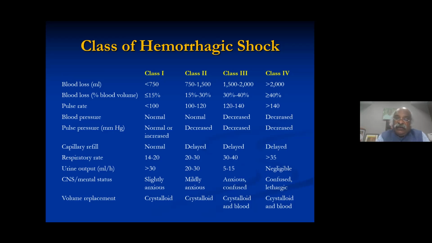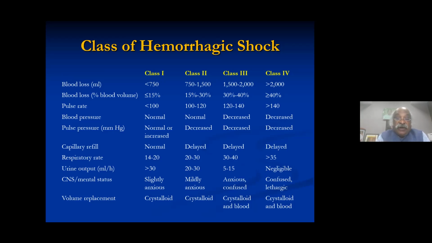Class 2 is 15 to 30%, or 750 ml to 1500 ml. And class 3, 30% to 40%, and 1500 to 2000 ml. And class 4, more than 40% depletion and more than 2000 ml of blood in an average 70 kg person. So this is the amount of blood loss that defines the different classes, class 1 to class 4.